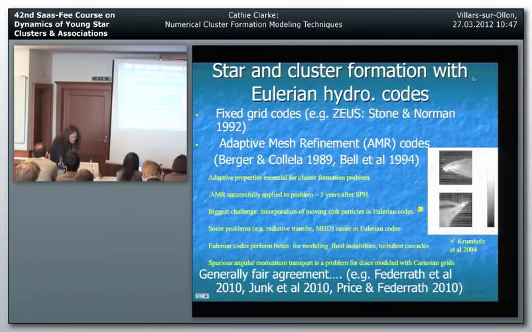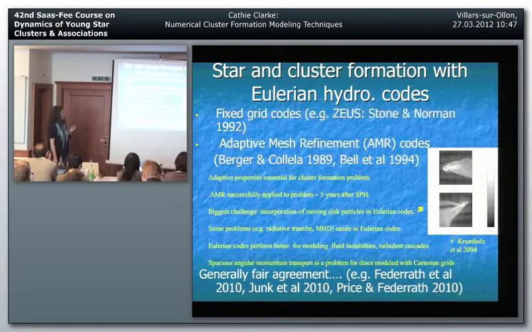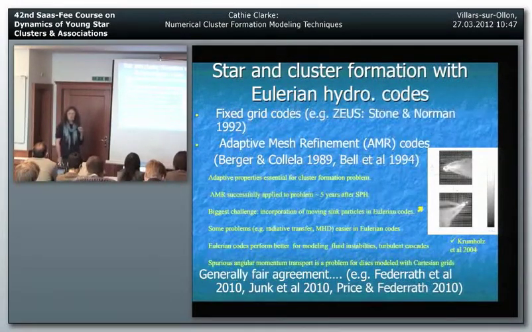Now that was pretty much all SPH, but let's look at the Eulerian hydrocodes, and they come in the flavours of keeping your grid fixed. And for the calculations that we'll be talking about, you really instead need an adaptive mesh refinement code, an AMR code, because that way you can continually, as your simulation evolves, put the resolution where you need it by creating subgrids.